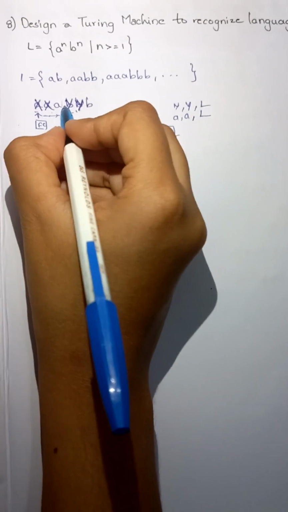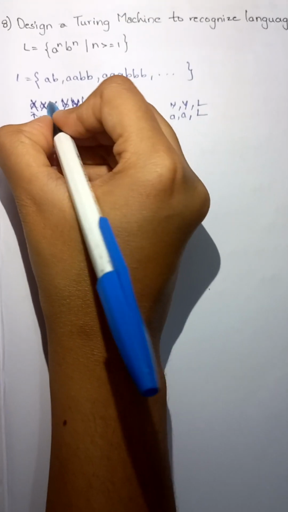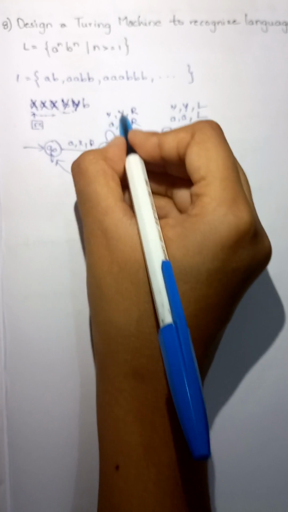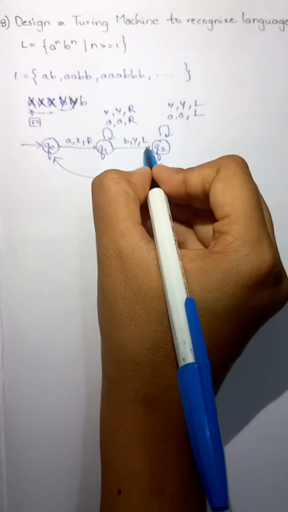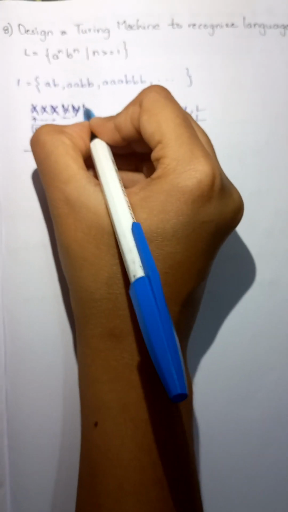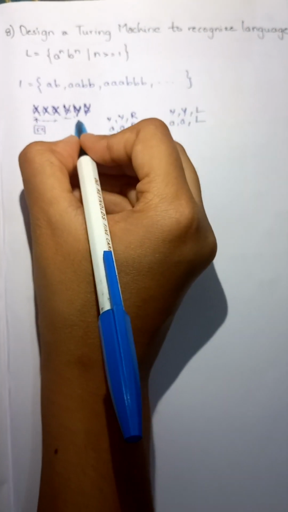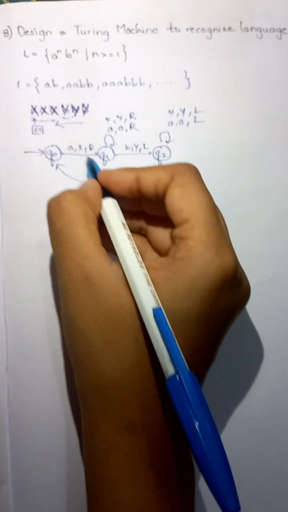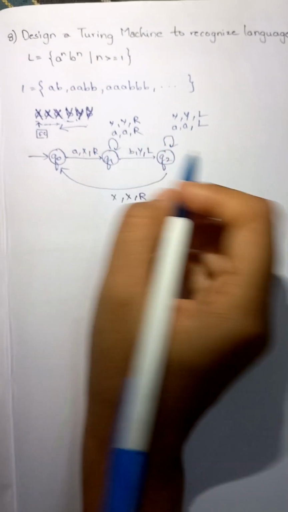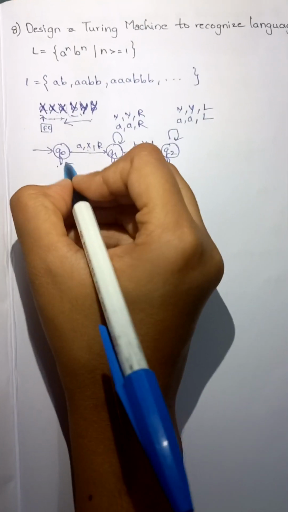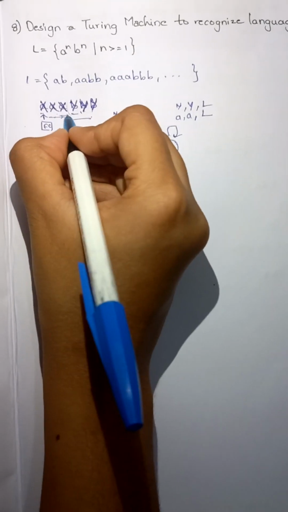Then again it moves to right. The A is changed to X, and then Y's remain the same. And then when B is encountered, it is changed to Y. And now in the process of moving again to the left side, there are no A's or B's here. So when the X here is encountered, it moves again towards right.